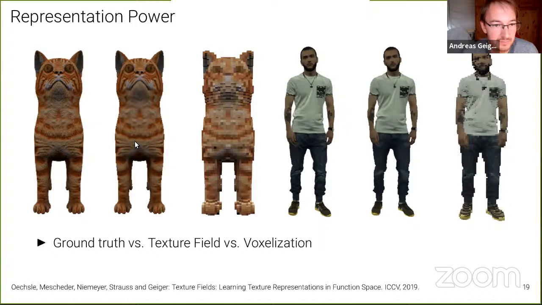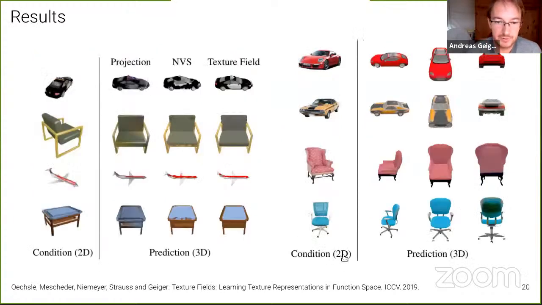And we see two reconstructions of that cat using either, in the middle here, an implicit model, the texture field model, and a comparable, in terms of memory, voxel-based model, where you can see that the texture field model retains more detail, but still over-smooths some of the areas. So you can see there's more detail here in the fur region. Yeah, so this was a simple overfitting experiment to one particular instance.